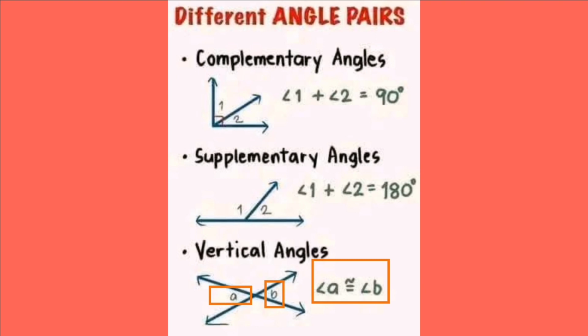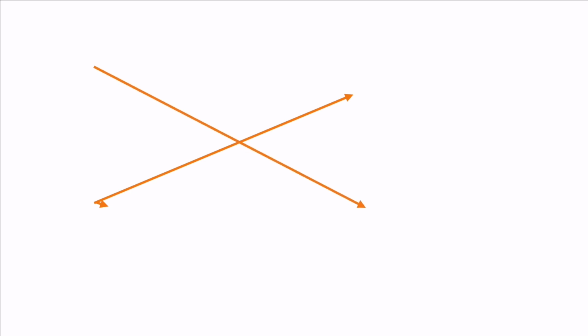More precisely, if this is line 1 and this is line 2 intersecting each other, let's suppose this is angle A and this is angle B, then these two angles are said to be vertical angles, and vertical angles are always equal in measure.